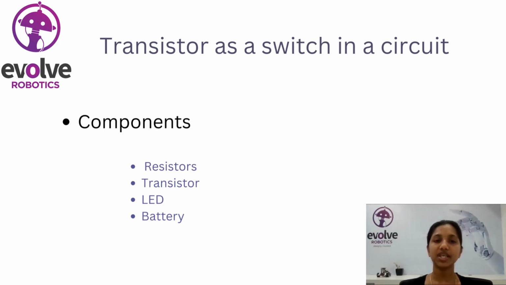I am also using an LED, that means a light emitting diode, and a battery and some wire. These are all the components which we need to connect the circuit, and we can design the circuit and see what is happening inside it, the switching property of the transistor.